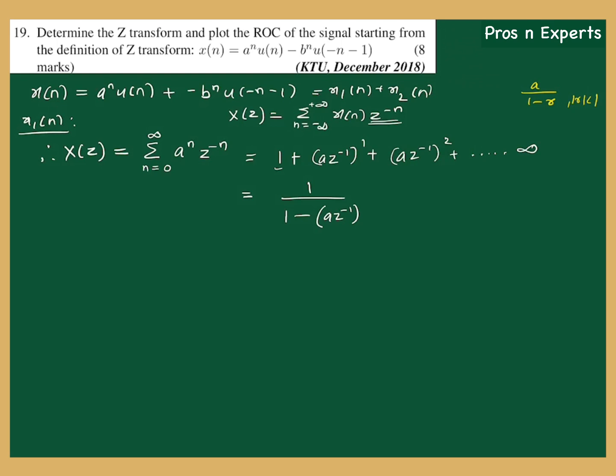So this is the Z transform of the first signal a raised to n u of n, but provided we have one condition here, mod r is less than 1. We can take this equation only if mod r is less than 1, so we have to assume that.